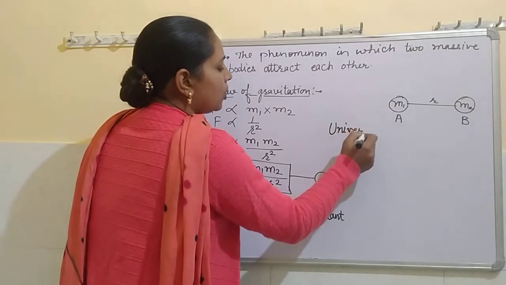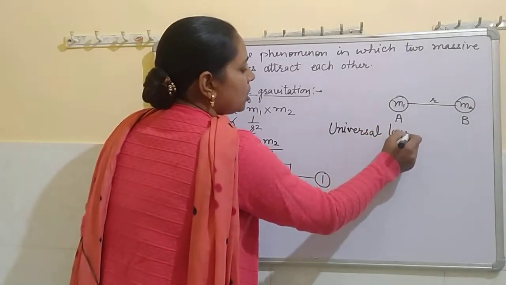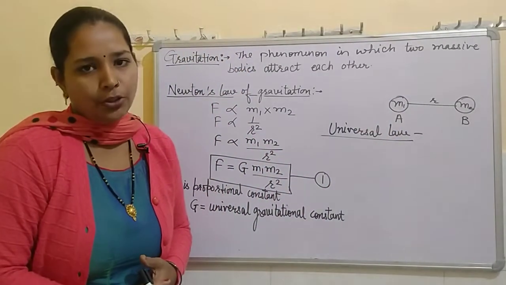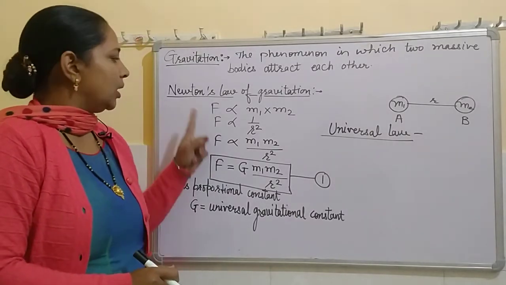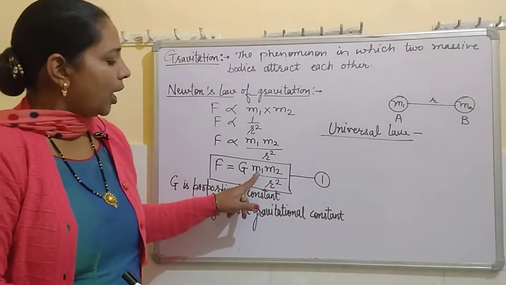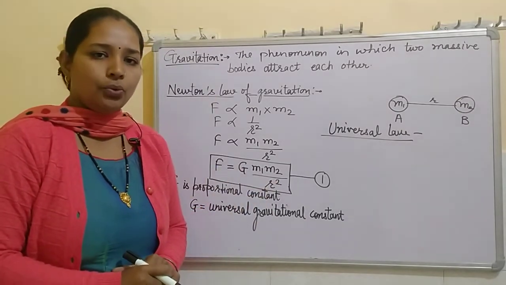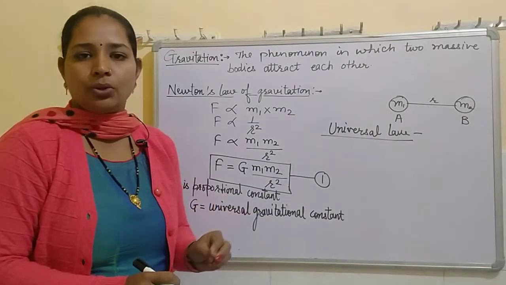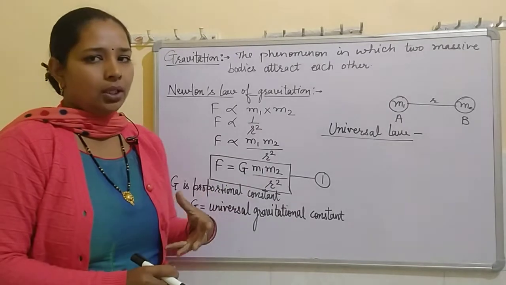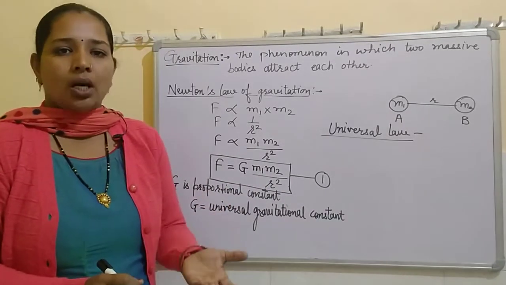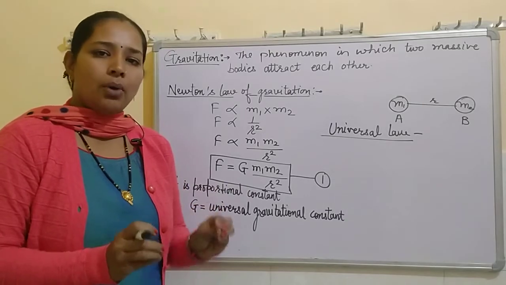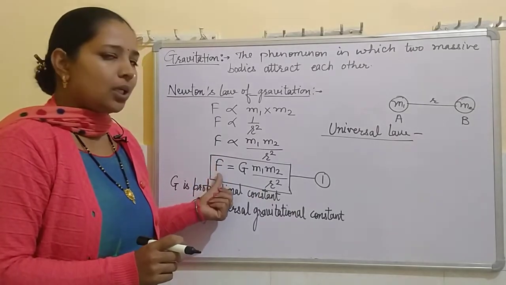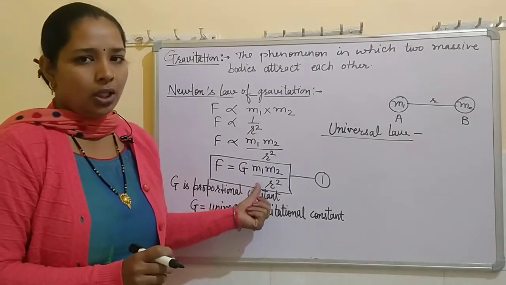What do you mean by universal law here? Universal law means a law which is applicable to every body present in the universe. Same case happens here. This expression is valid for every two bodies present in the universe, either the bodies are very small particles like electron, proton and neutrons, or bigger ones like moon, earth, sun, star. Every body which has mass, separated by a finite distance, must exert a gravitational force on another body.